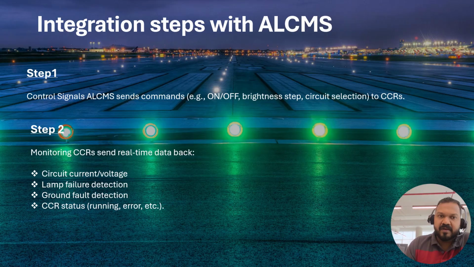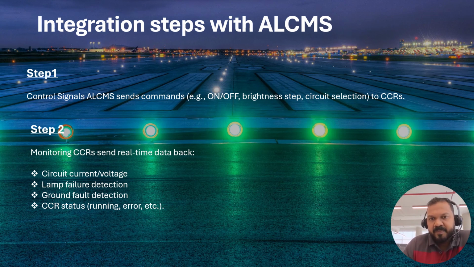The next slide is integration steps with the ALCMS. Here we can see step by step integration. Step 1 talks about the control signals: ALCMS sends commands, for example on/off, brightness steps and circuit selections to the CCR. The constant current regulator is nothing but a series of lights connected to the CCR.